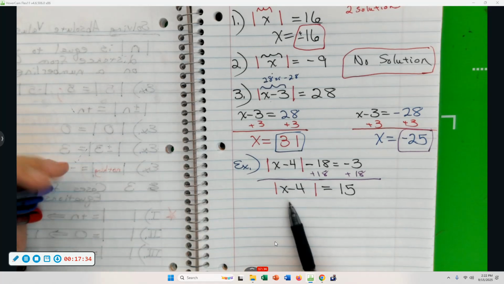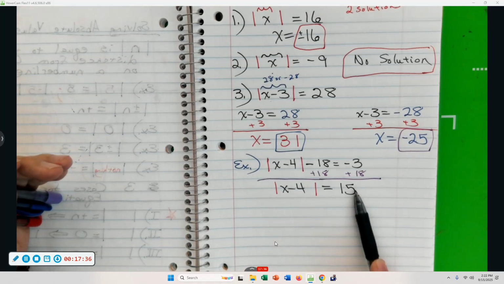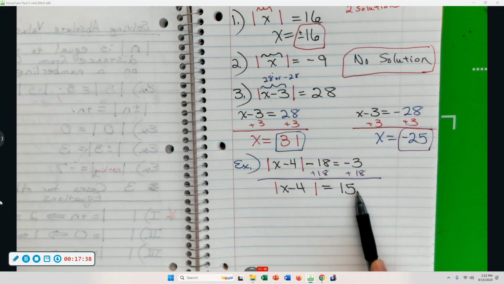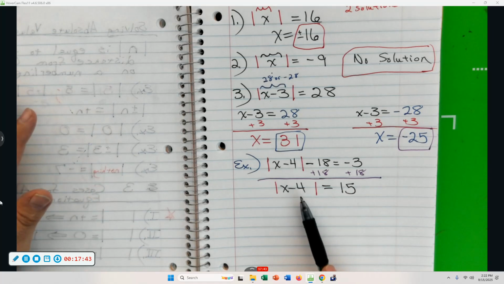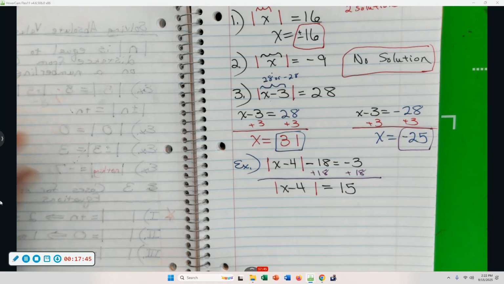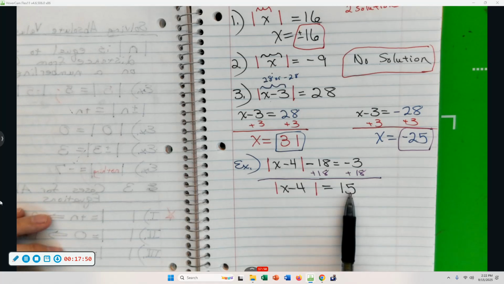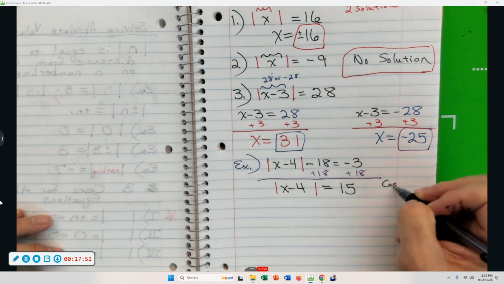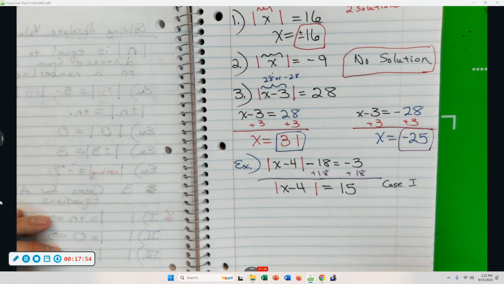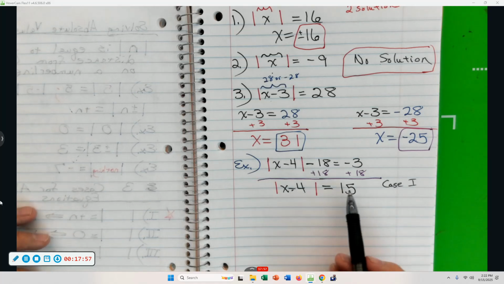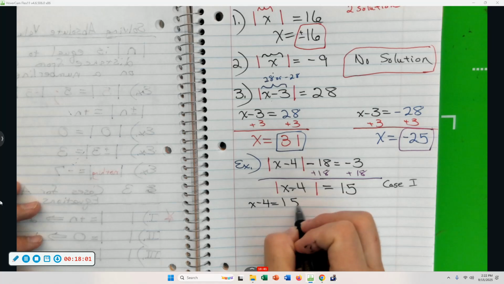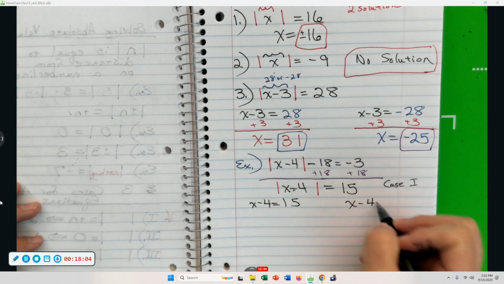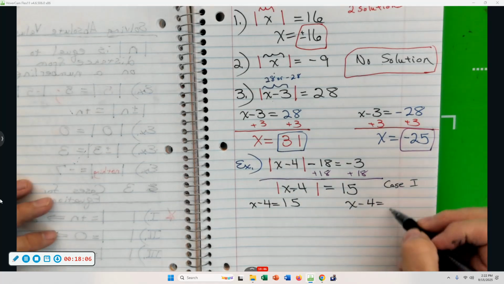We have absolute value on one side, a positive number on the other side. Before you decide on which case, you must isolate the absolute value. I think I better write that down, but let's finish this off. We now have an absolute value equals a positive, so that's a case 1. That means there are two solutions. x minus 4 will equal positive 15, or x minus 4 will equal negative 15.